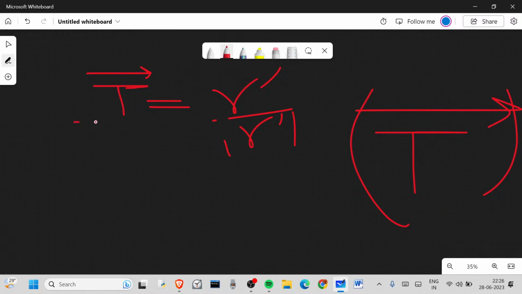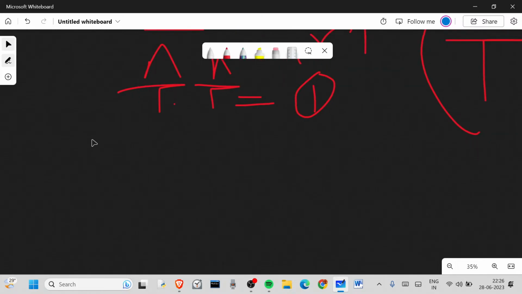Now I am writing that T dot T is a constant, which is 1, because this is T cap, this is T cap, and every vector is parallel to itself, so it's 1.